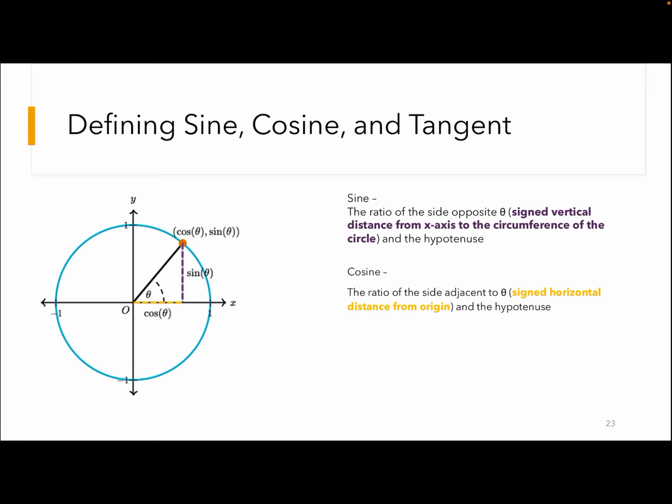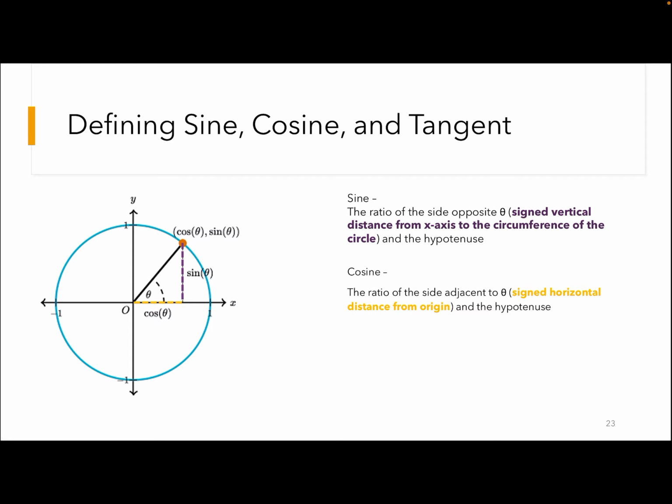When we talk about cosine, we're talking about the ratio of the adjacent side, which is the side on the horizontal axis, and it's a signed distance from the origin, either positive or negative. Positive in quadrants 1 and 4, negative in quadrants 2 and 3.